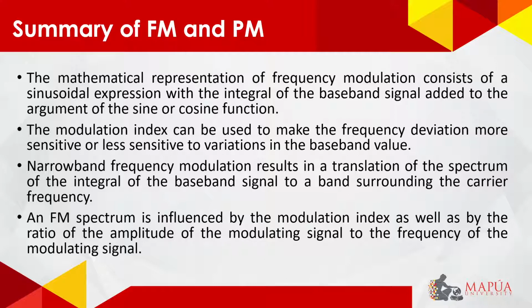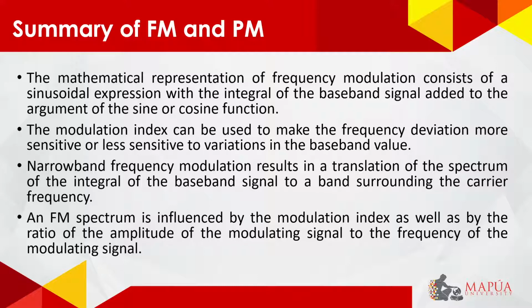For this summary of the FM and PM: first, the mathematical representation of frequency modulation consists of a sinusoidal expression with the integral of the baseband signal added to the argument of the sine or cosine. Second, the modulation index can be used to make the frequency deviation more sensitive or less sensitive to variations in the baseband value.